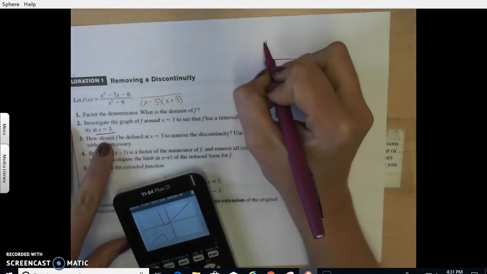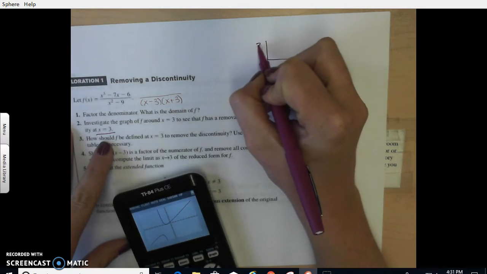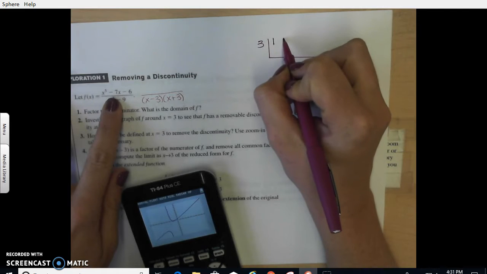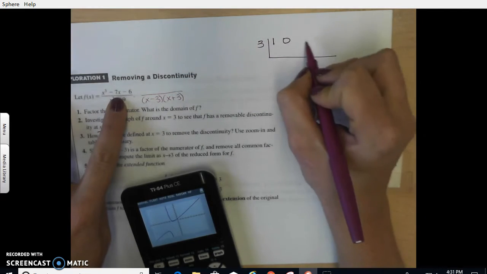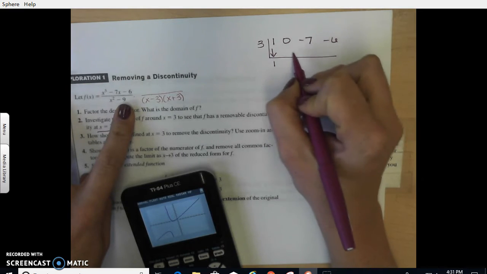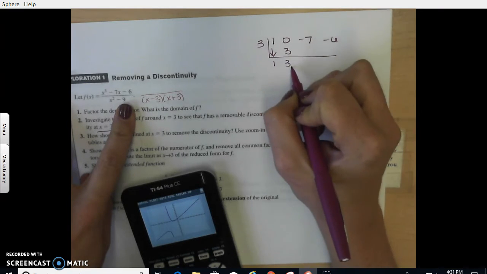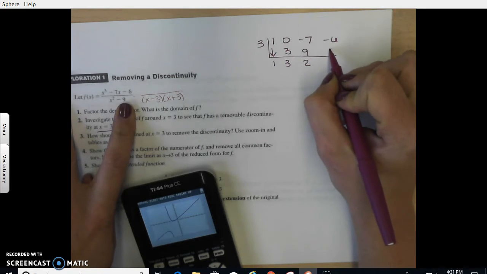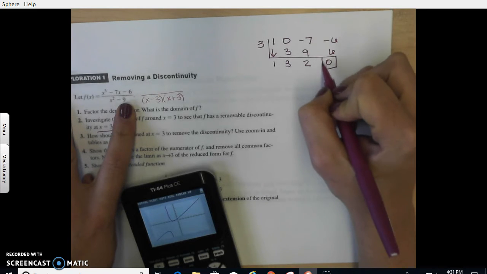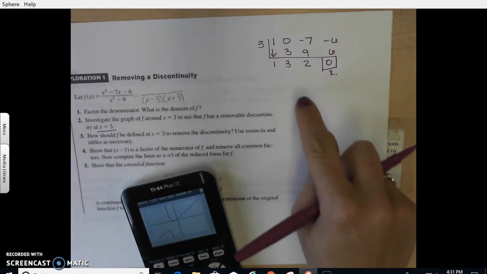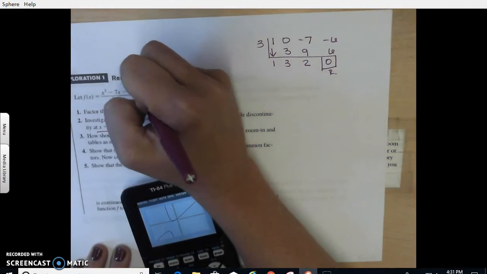Since I know it's at x equals 3, I'm going to put 3 on the outside. For my coefficients on the inside, I'm missing the x squared, so I put a 0 for my placeholder, negative 7 and negative 6. Bring down 1. Multiply and add. Multiply. Since I have a remainder of 0, I know that x minus 3 is a factor.